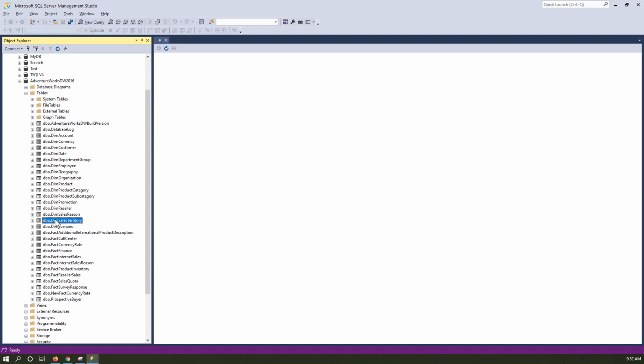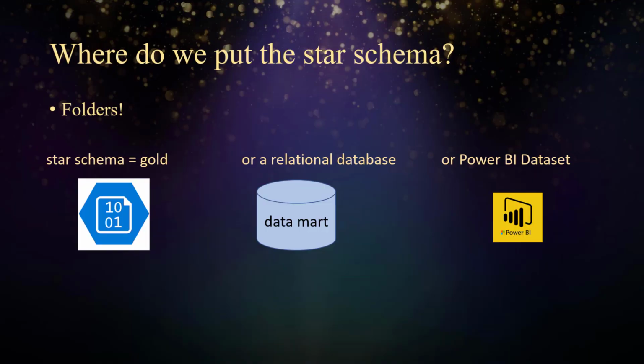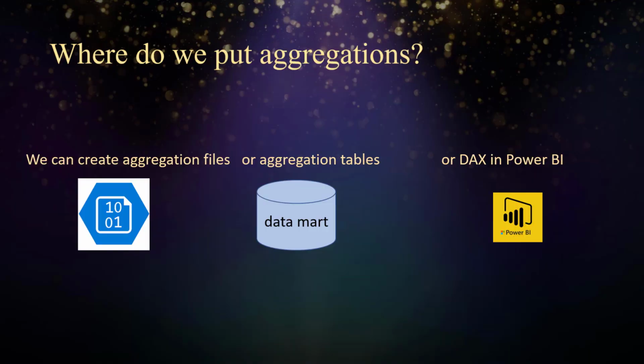So like I said, use Azure SQL Database Hyperscale, put the star schema here, and I think you'll find a lot of value there. Now, what do we do with the math? The sums, the averages, the things like that? Well, we can create aggregation files that are Parquet files that might be stored in an aggregation folder in the data lake, in Azure Data Lake Storage.